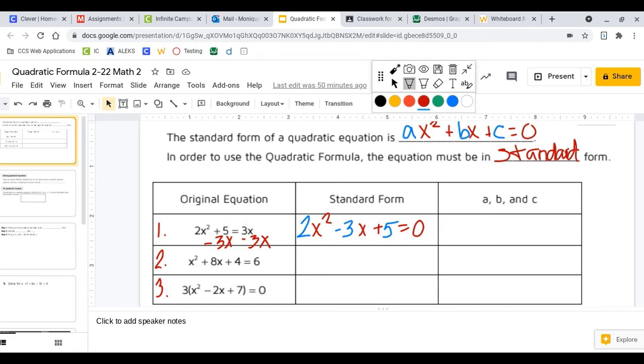I haven't done anything spectacular. I just set my equation equal to 0, which meant subtracting that 3x. So now I'm ready to find A, B, and C.